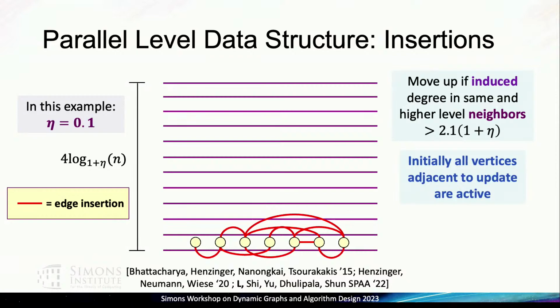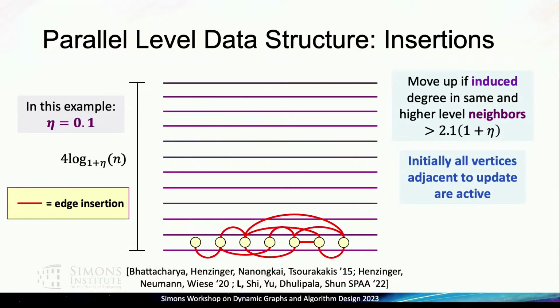The graph is initially empty, and all of the edges are inserted as one batch. So all the vertices are initially active. For each active vertex, you look at its induced degree in the same and higher level neighbors. Let's take a look at this example.